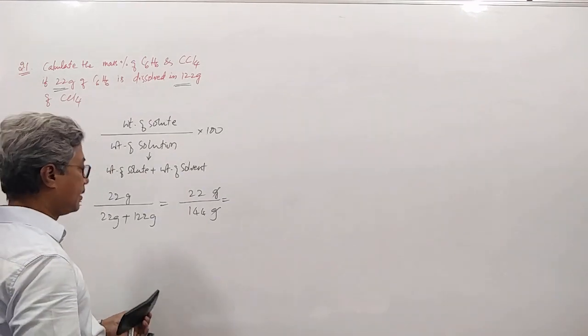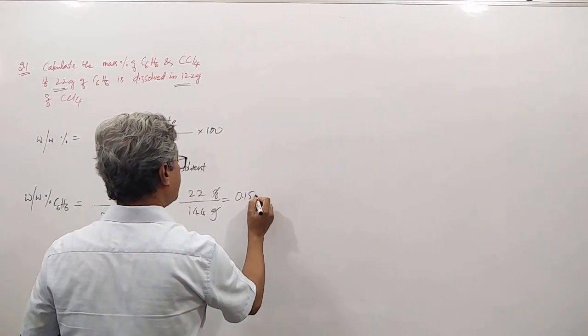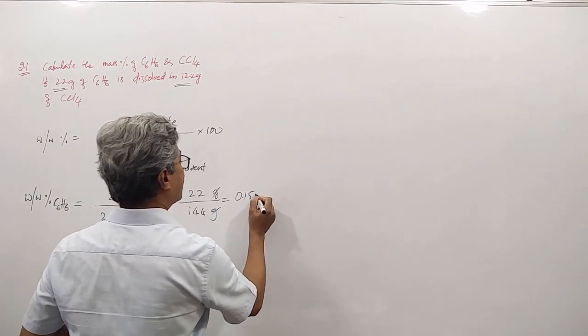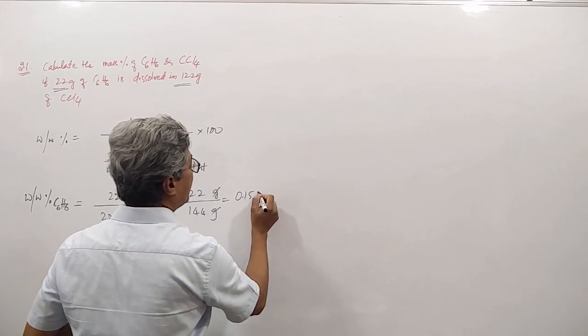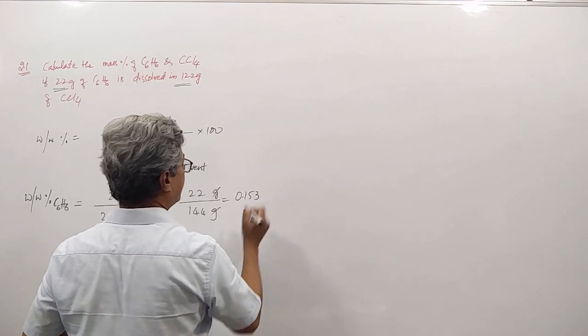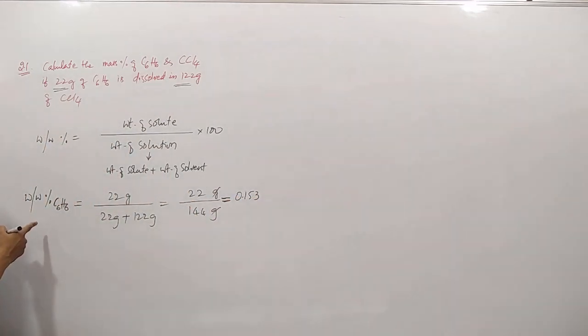How much is this? This is 0.1527. Instead of 27, I can make it as 3. This is the mass percentage of benzene in CCl4.